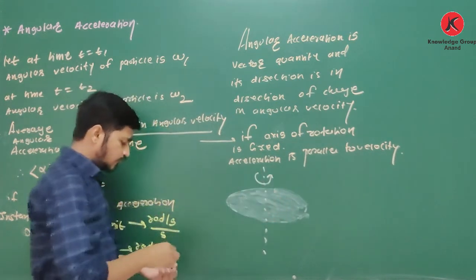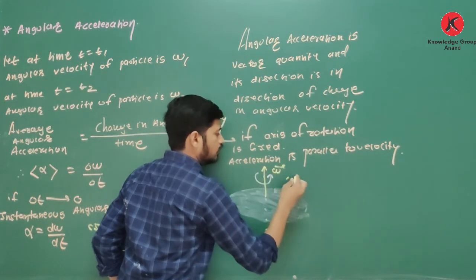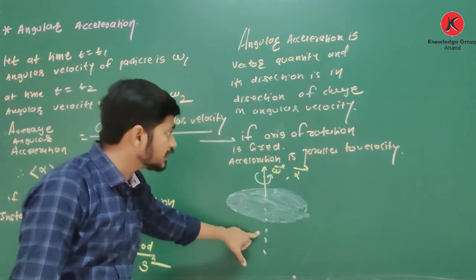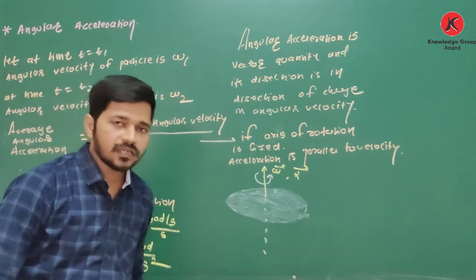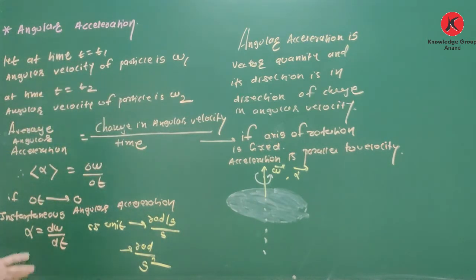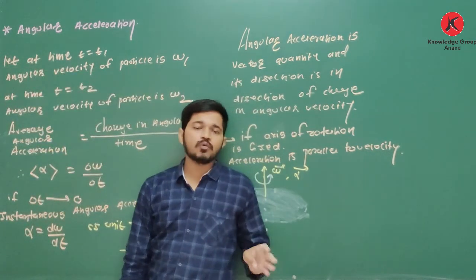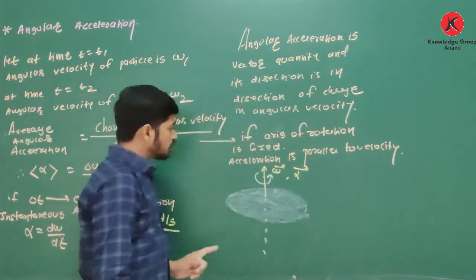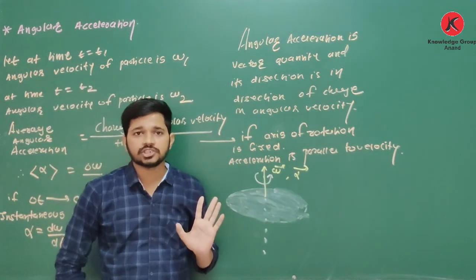The thumb is in upward direction, so angular velocity is in upward direction, and also direction of alpha, if this axis of rotation is fixed. Clear about this? So yes, it's all about angular acceleration. So yes, in today's topic we have discussed what is angular speed, angular velocity and angular acceleration. Most important thing is direction of angular velocity and angular acceleration.